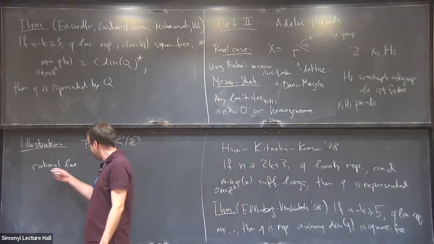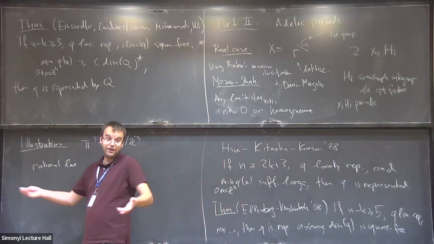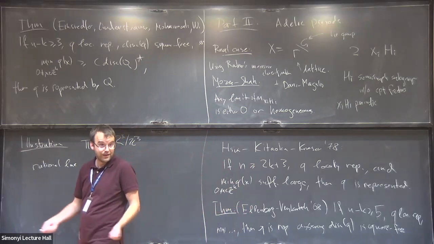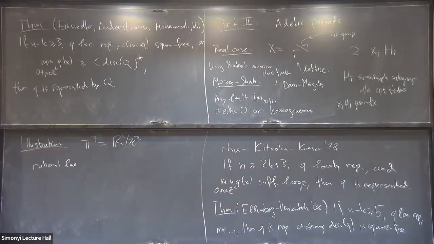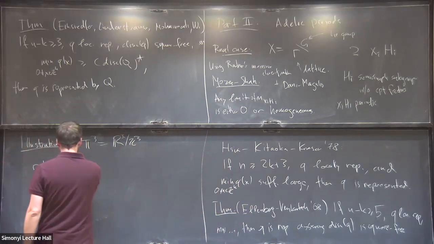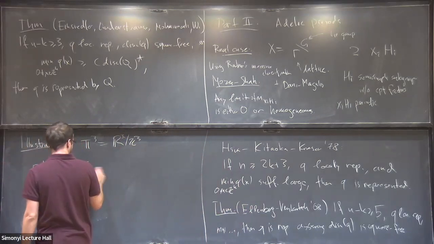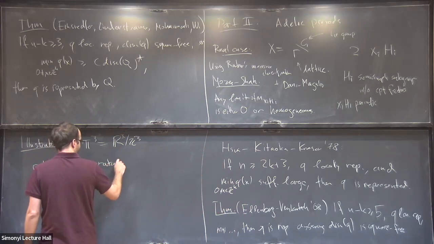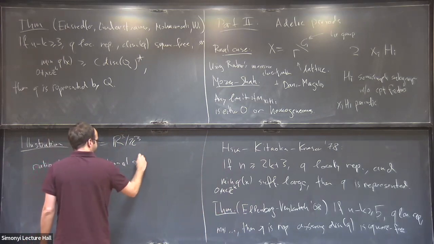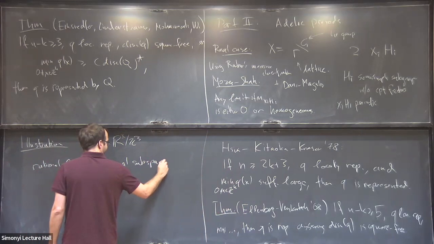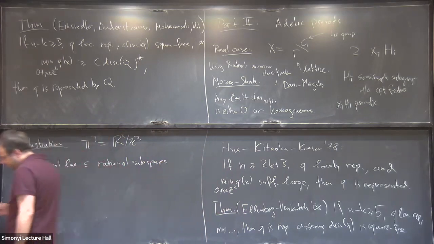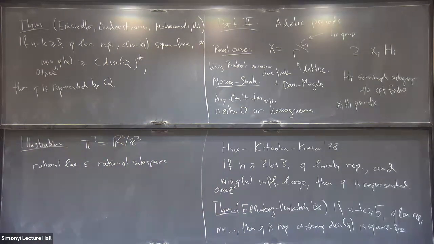So what could happen? I have a rational line. A rational line is contained in many rational subspaces. And while the rational line could be very complicated itself, it's possible that there is a rational subspace containing it that is not very complicated.